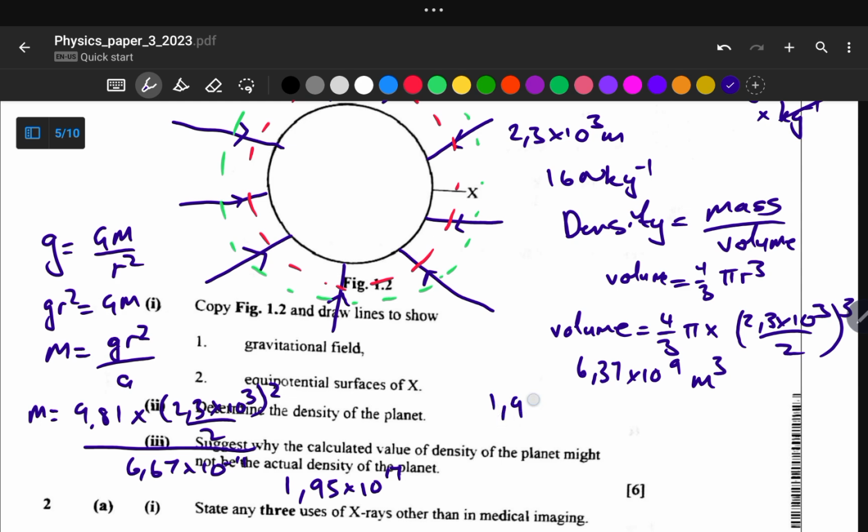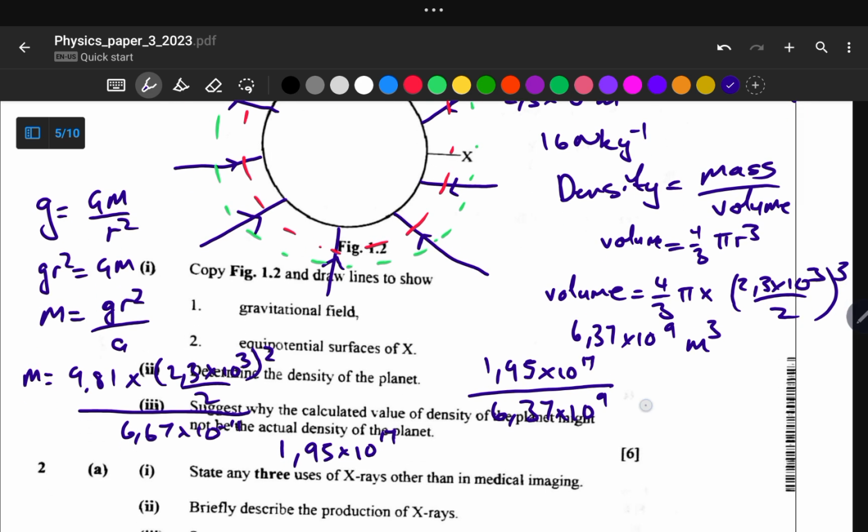So 1.95 times 10 to the power 17 divided by 6.37 times 10 to the power 9, and our answer is 3.1 times 10 to the power 7. So this is our density.